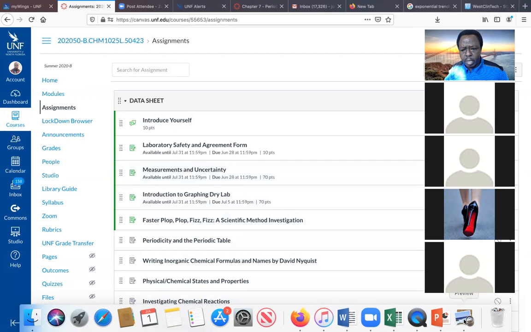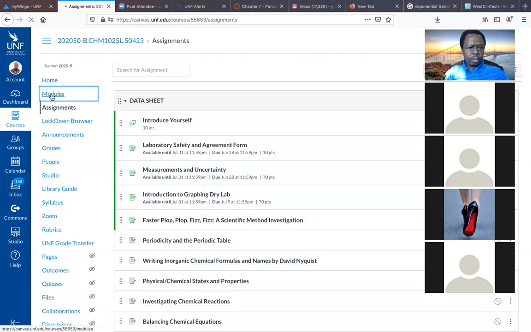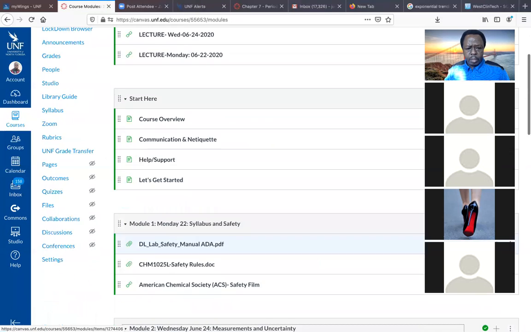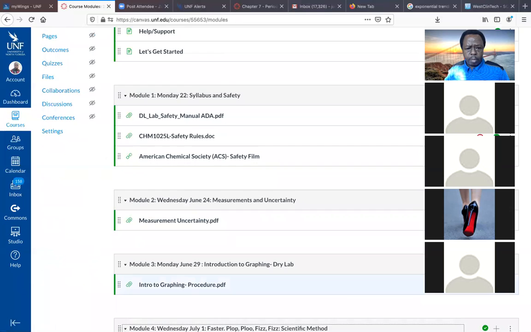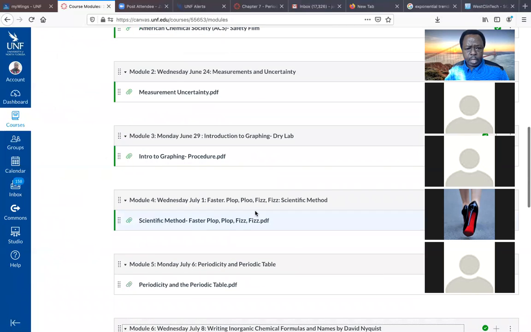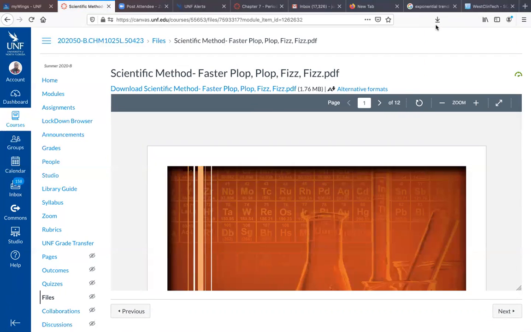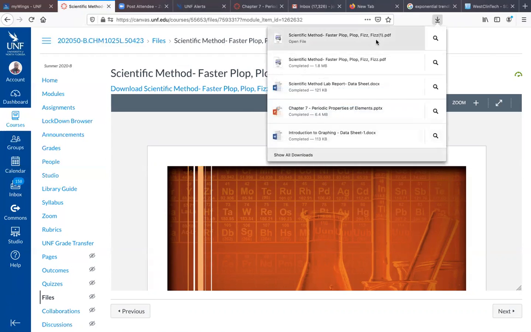For today's lab, I want to walk you through the procedure and the background, all right. I'll explain some of the terms so that when you look at the quiz, you'll be able to distinguish or differentiate different terms associated with this experiment.